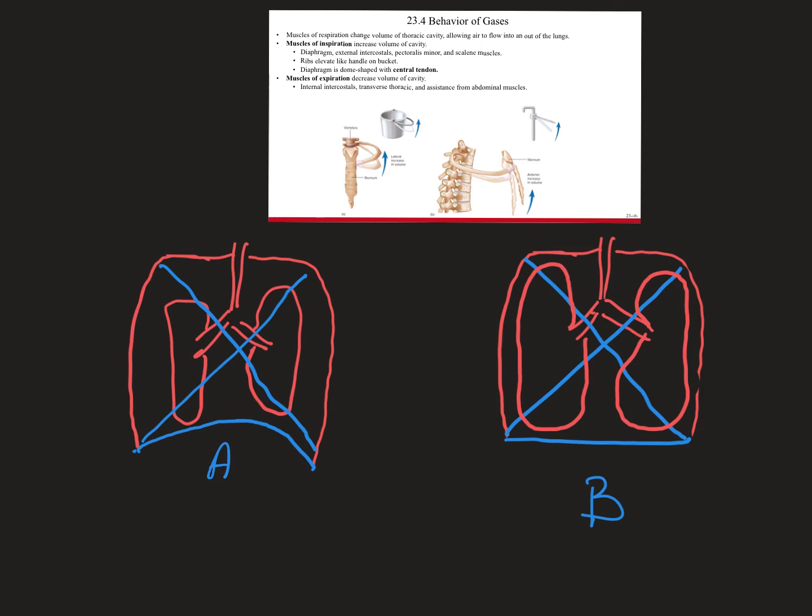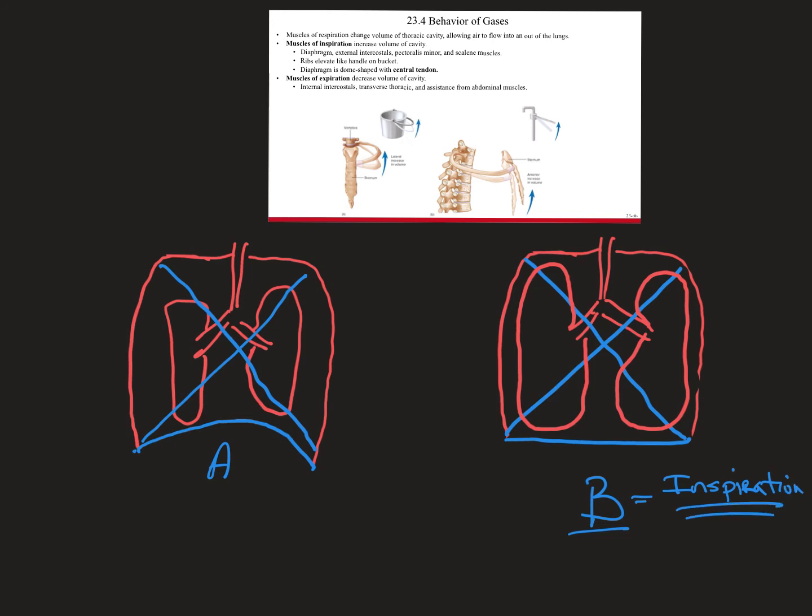Okay? Is A or B depicting what the thoracic cavity would look like during inspiration? Caitlin? And B does. Yes. So B would be inspiration, because the thoracic cavity has gotten bigger.